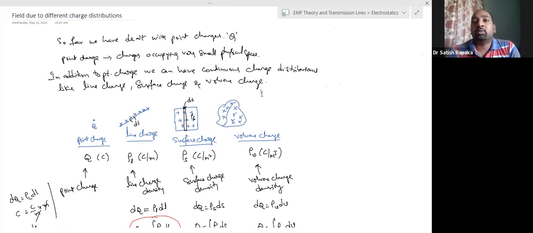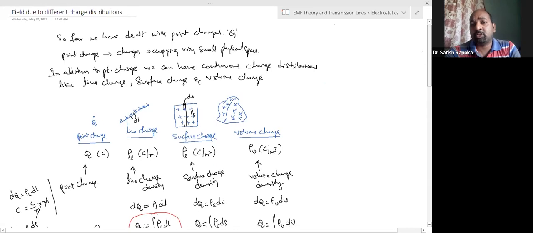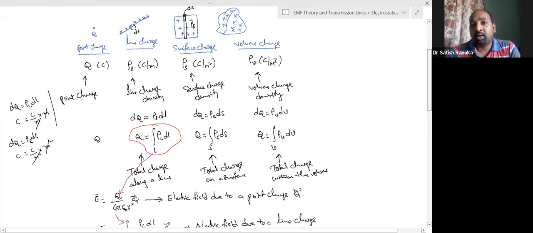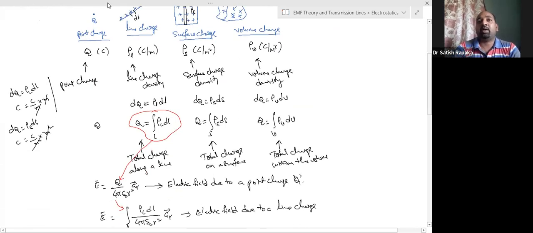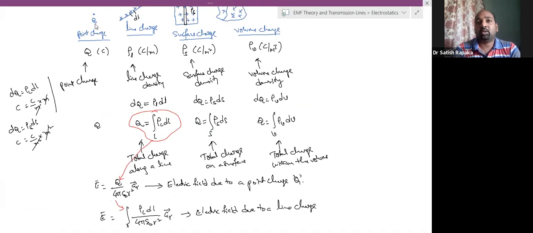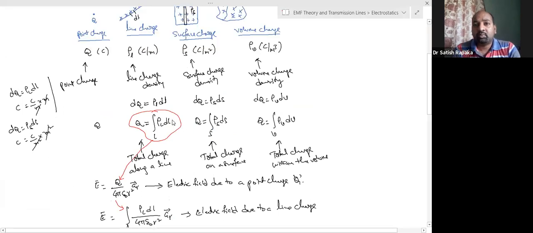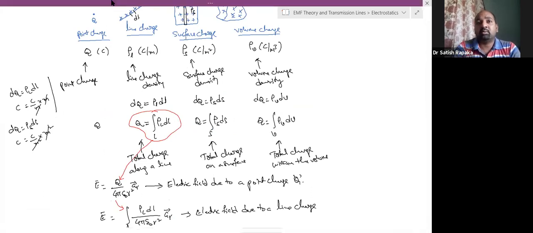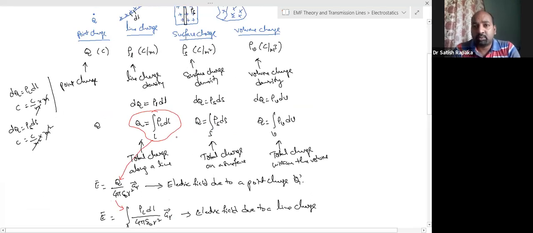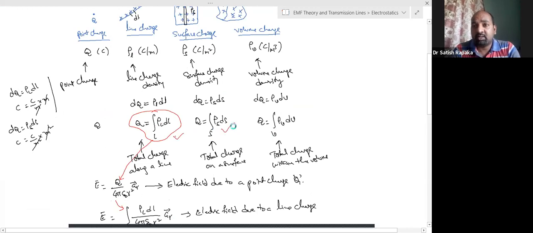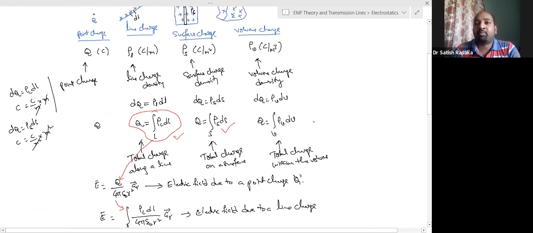You can see on the screen the different charge distributions: line charge, surface charge, volume charge, and how charge is expressed for each of them.